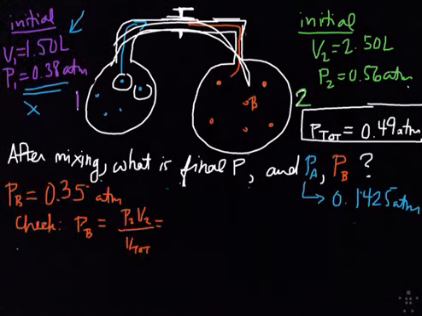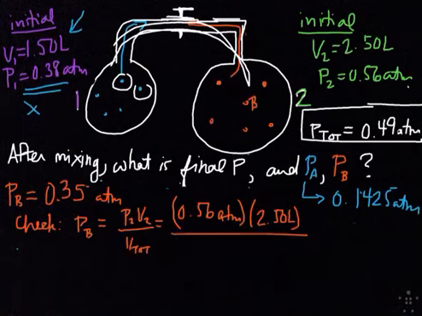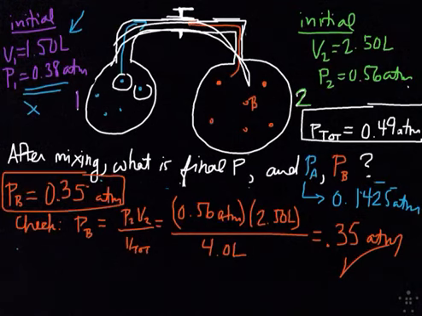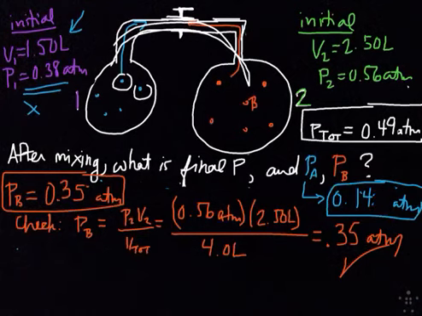I've got P2 V2, 0.56 atmospheres, times 2.50 liters divided by my V total, which is 4.0 liters. And lo and behold, that gives me 0.35 atmospheres. So yeah, the answer checks out. So we've got PB, we've got PA, which should only have 2 sig figs, and we've got P total, which are the things that we were looking for.